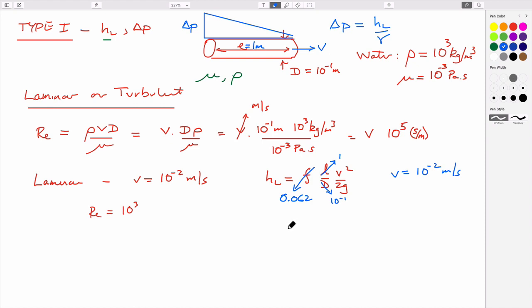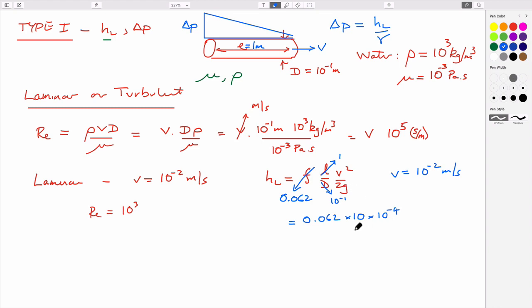So I guess if we did that, what do we get? This is equal to 0.062. This is equal to 1 divided by 0.1, which is 10. 10 to the minus 2 squared is 10 to the minus 4. The only painful one is 2g, so 2g is basically 20, right, meters per second squared.